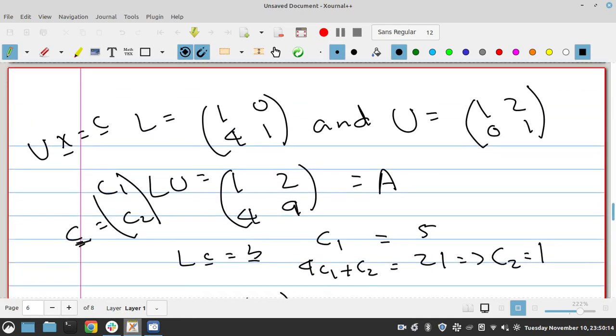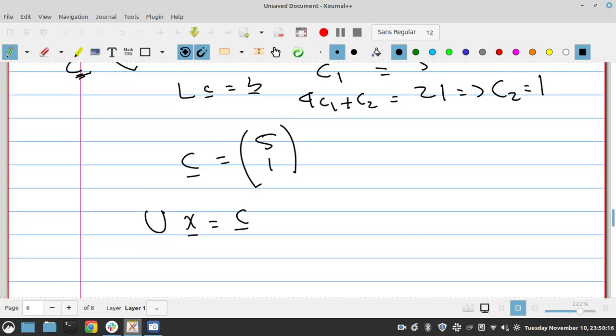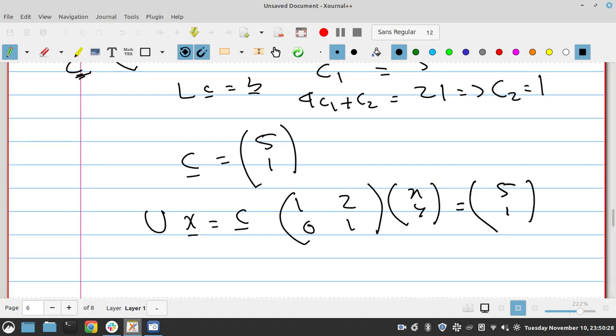U is 1201 times XY. This gives me C, which is 51, or X plus 2. Let's call this X1 and let's call this X2.